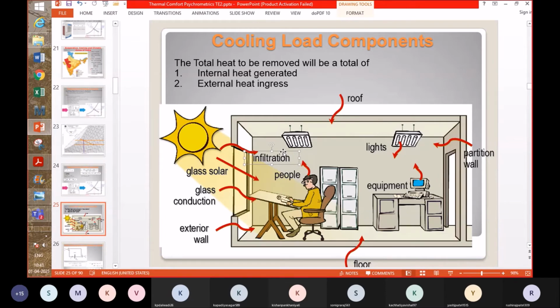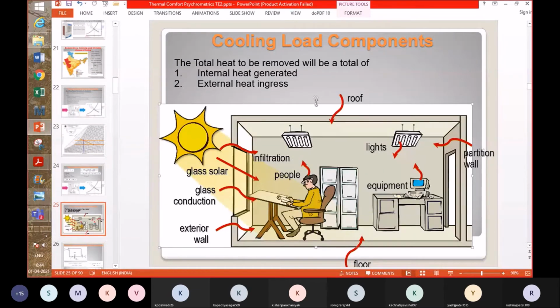Outside air is coming into your conditioned space through the gaps available in windows and doors, or when you are opening and closing doors or windows. At that time also outside air will enter. Now because the outside air enthalpy is higher than your room air enthalpy, that will contribute to the cooling load or the heat load on the room.